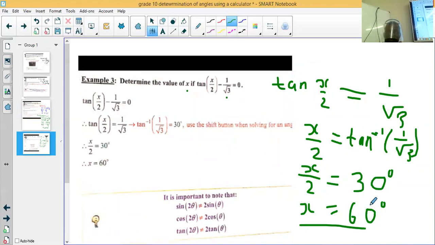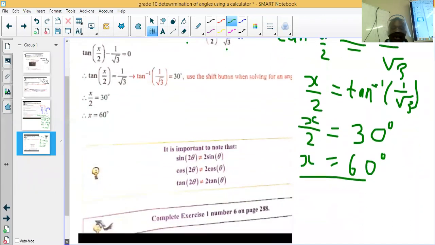And then there were questions that were asked to say, what is the period? Do you still remember? Those are some of the things that we'll be dealing with. But for now, in grade 10, we end here. Any more cries there?